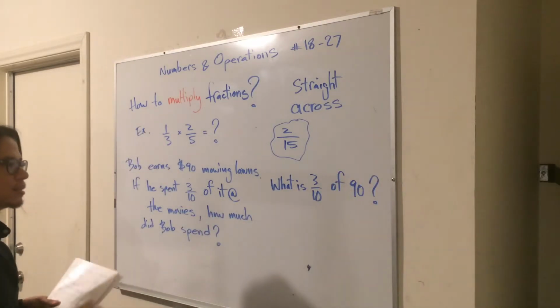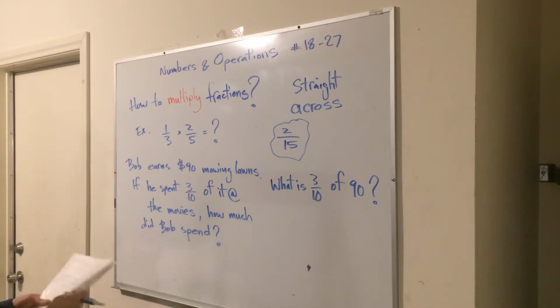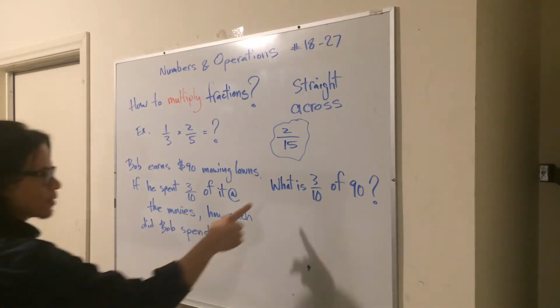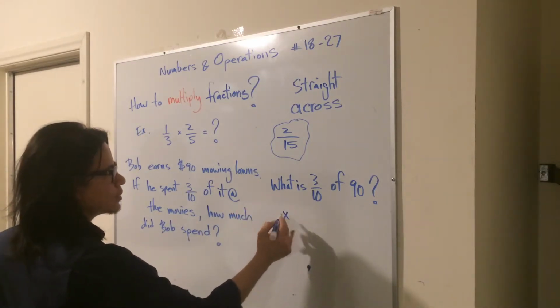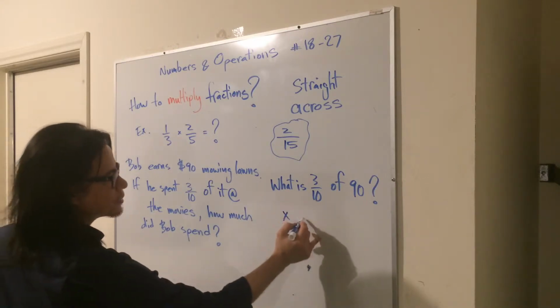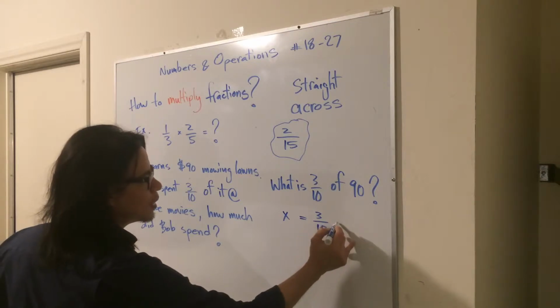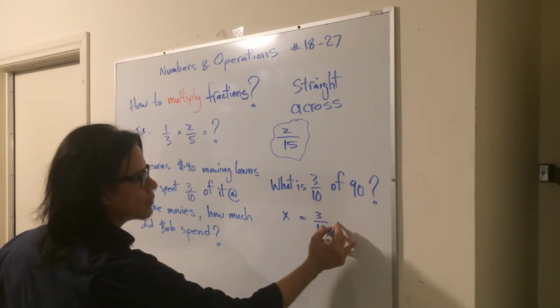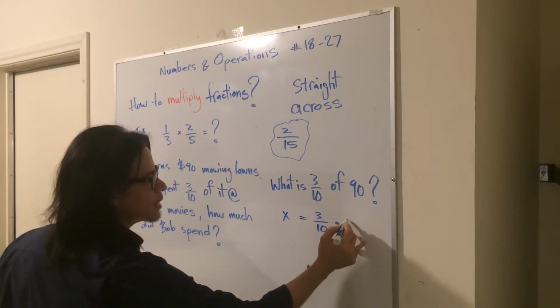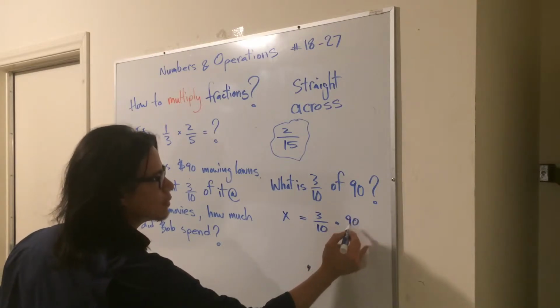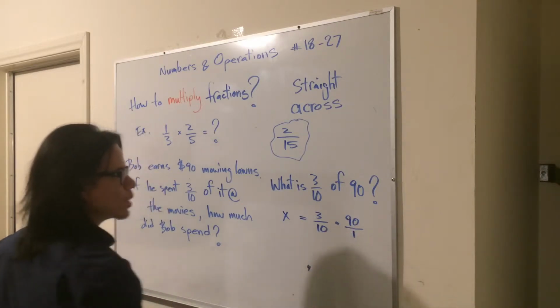We can translate that question into an algebraic equation. What we don't know, so let it be x, is equal to 3/10, and wherever you see the word "of," it means multiply, times 90. And we can write 90 as 90 over 1.